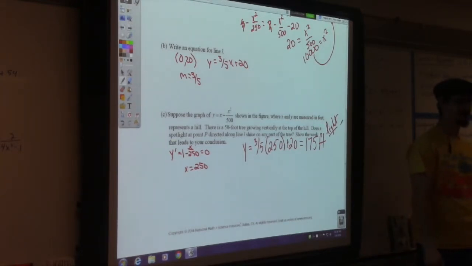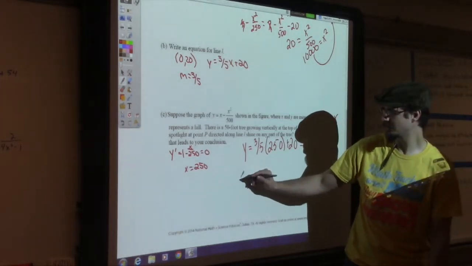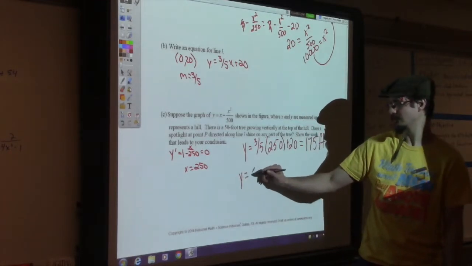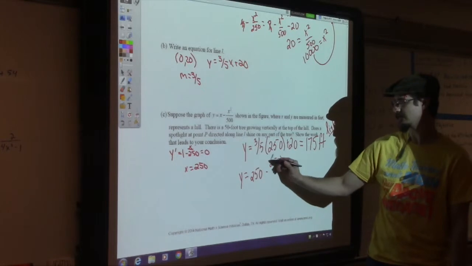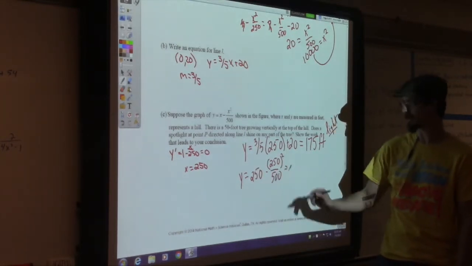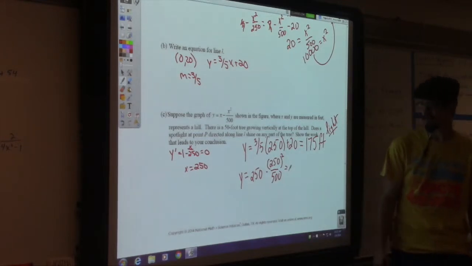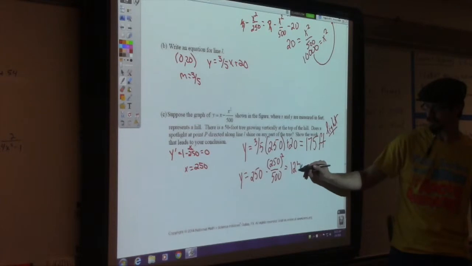The y value of that particular hill. So we're like, okay, we can do that. The next one we're going to get y equals 250 minus 250 squared over 500, and we're like, wow, that's kind of a pain in the butt. Why would they do that to me? But when you go through and calculate it without your calculator, you get 125.